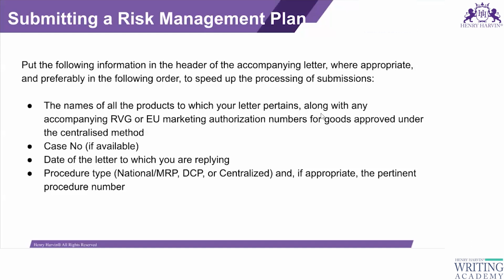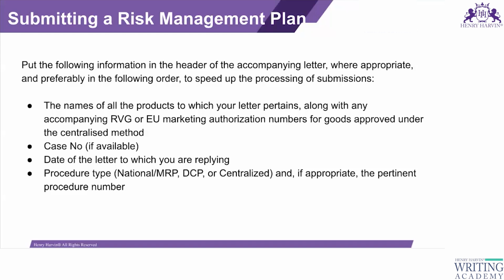First, the name of all the products to which your letter pertains, along with any accompanying RVG or European Union marketing authorization numbers for goods approved under the centralized method. RVG is a Dutch license number which is provided to drug products approved in the Netherlands. So the marketing authorization holder has to submit the name of all the products for which they are submitting the RMP, if the manufacturer is manufacturing multiple products.